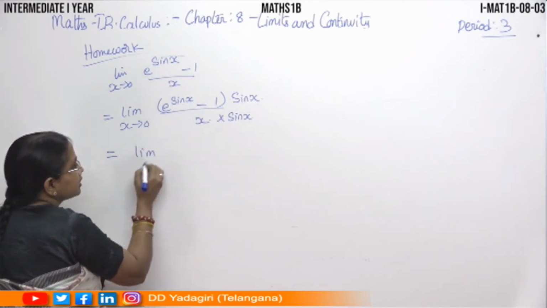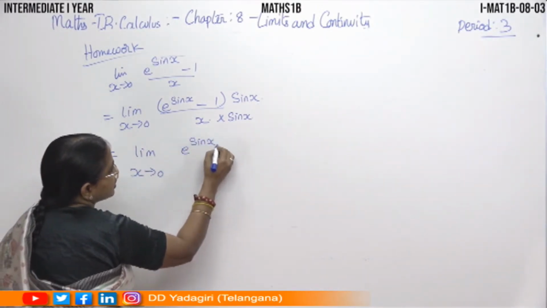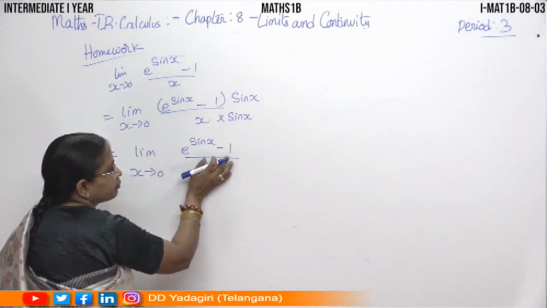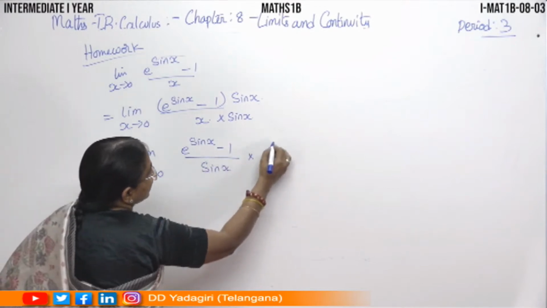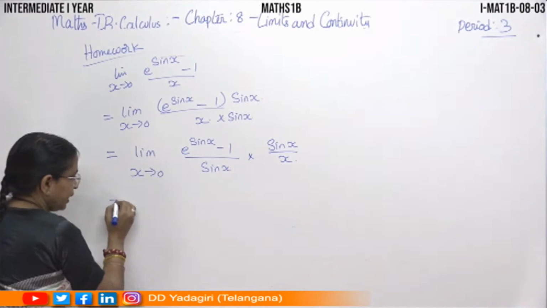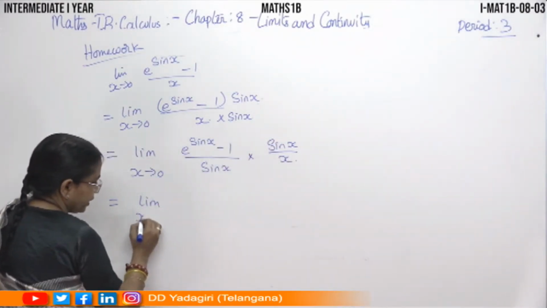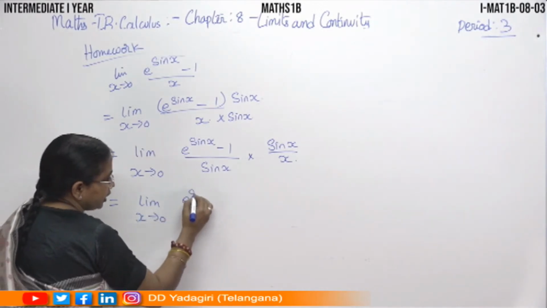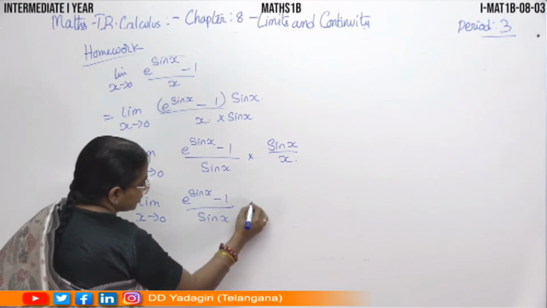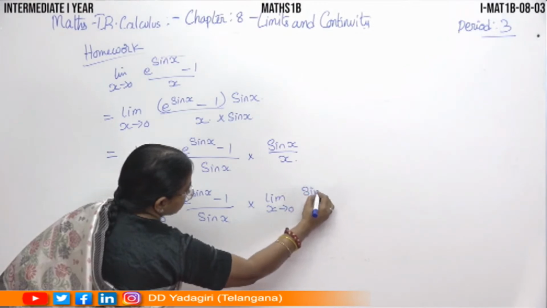Now write in the standard form limit x tending to 0 of e to the power sin x minus 1 by sin x. It should be in the form e power x minus 1 by x like that. And then the rest of it you write separately, sin x by x. Now write the limits separately. Limit x tending to 0 of e to the power sin x minus 1 by sin x, and for this you write limit x tending to 0 of sin x by x.